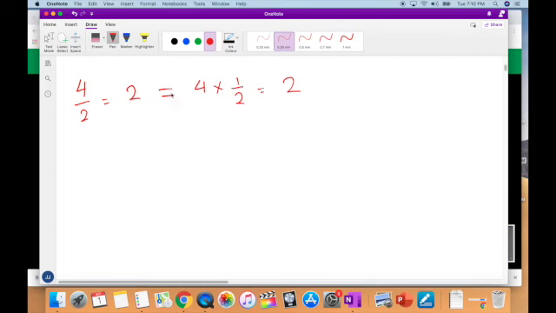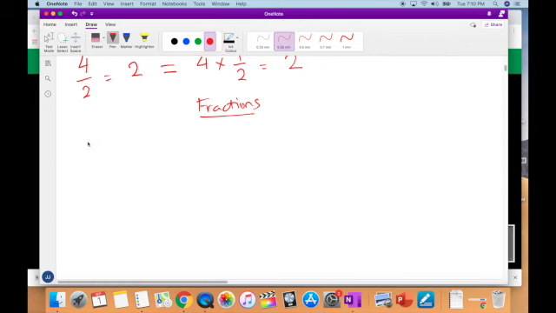And this is where we start to talk about fractions, and in terms of the multiplication of fractions. So when you multiply a fraction, if I have a fraction a over b multiplied by c over d, all you do is multiply your numerators and multiply your denominators.